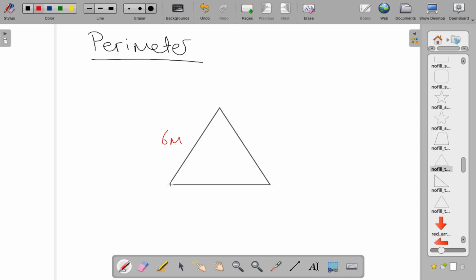We're going to start here and walk all the way along here, here, and here. That's our perimeter. Because it's an equilateral triangle, all the sides are the same length, so this one's 6 meters, and this one's 6 meters. We're going to walk 3 lots of 6 meters, so the perimeter of this shape is equal to 3 times 6, which is 18 meters.